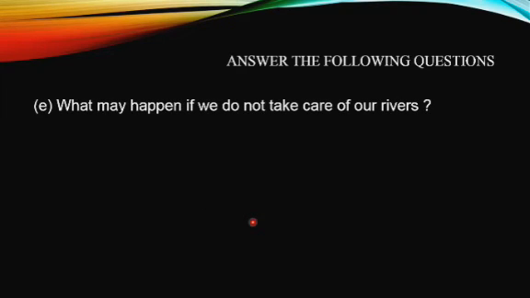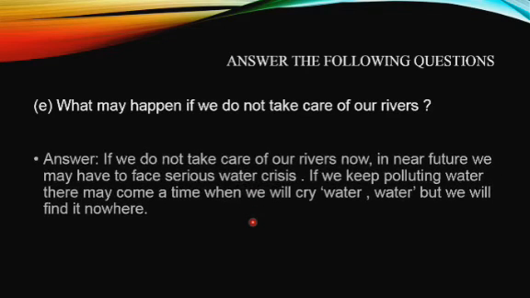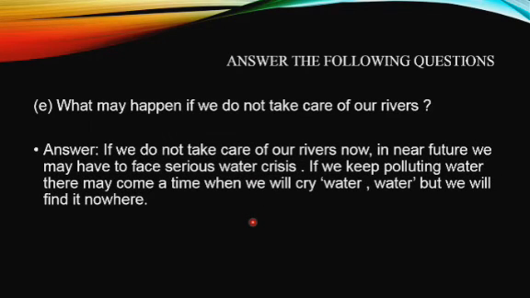What may happen if we do not take care of our rivers? The thoughtless treatment that the river is receiving from us is definitely going to pay back, or definitely we have to face the after effect of this. So whatever we have read and understood, we can say that if we do not take care of our rivers now, in the near future we may have to face a serious water crisis.